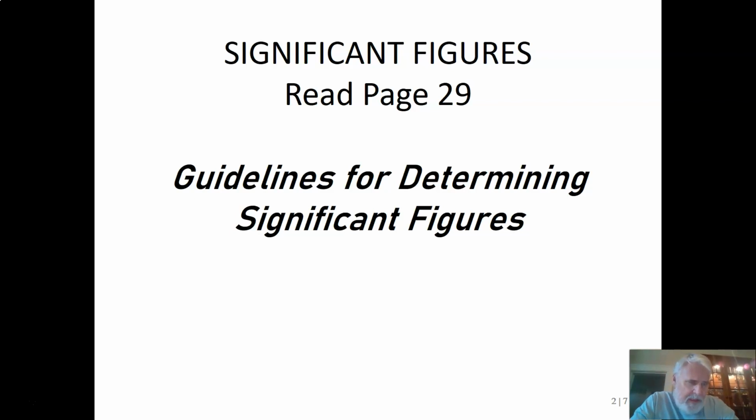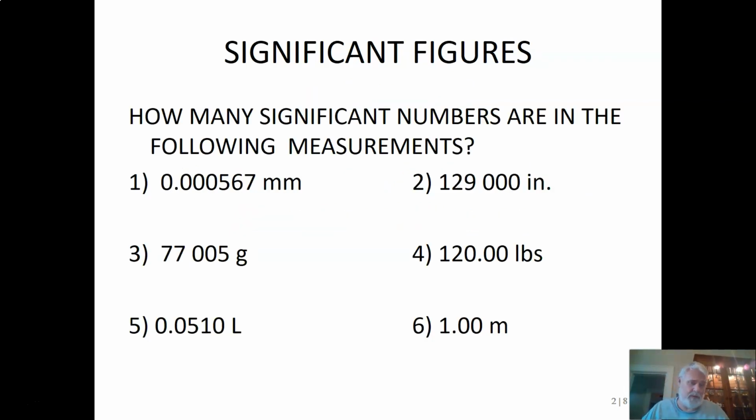Now, some of us are going to need more review than others on significant figures. I have a page reference here for you, page 29. If you want to pause the video and go over the guidelines for determining significant figures, especially Rule 2, which says when zeros are significant, and then try these problems after you've gone over that page, that would be great.